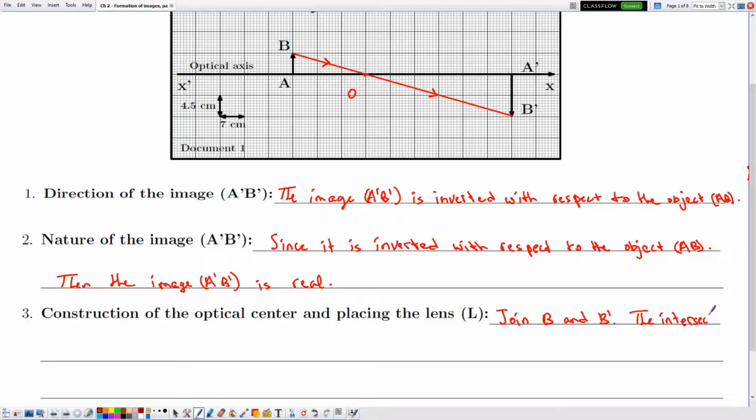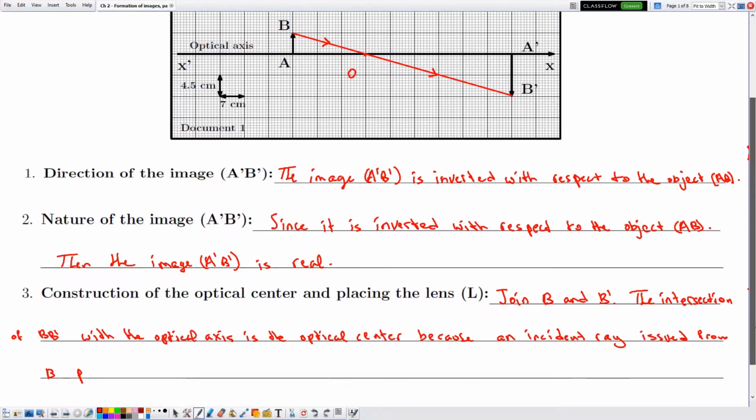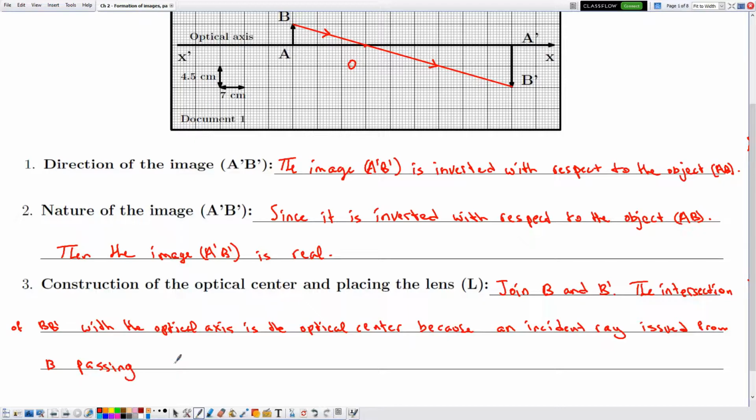The intersection of BB prime with the optical axis is O, and this is because an incident ray issued from B emerges without deviation.